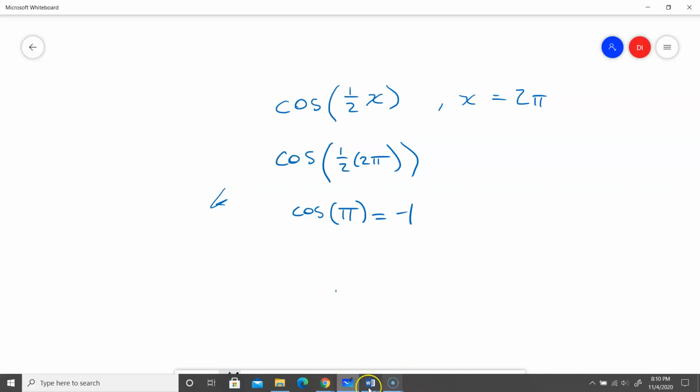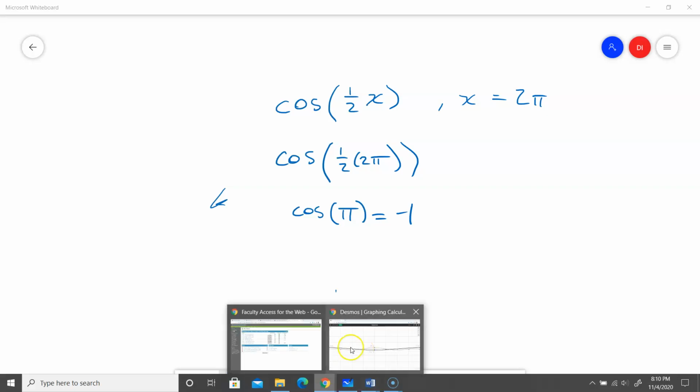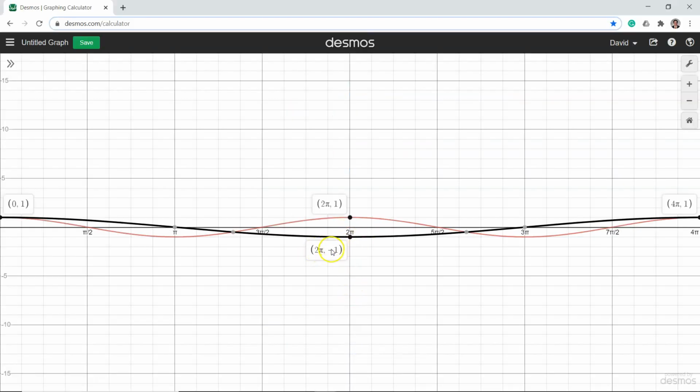And if we look at our graph, that is what we see. Cosine of pi is -1. But in this case, our input was 2 pi. I kind of butchered the explanation at the end there, but I hope the meaning came across.